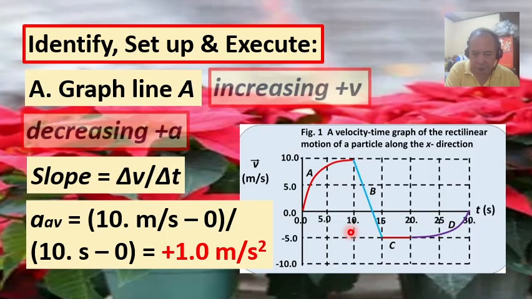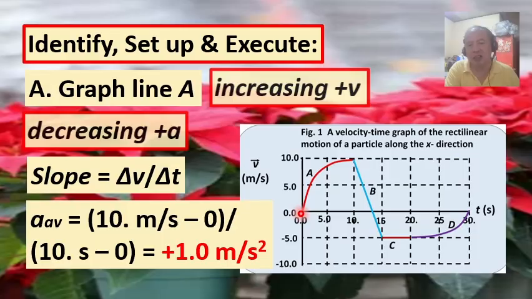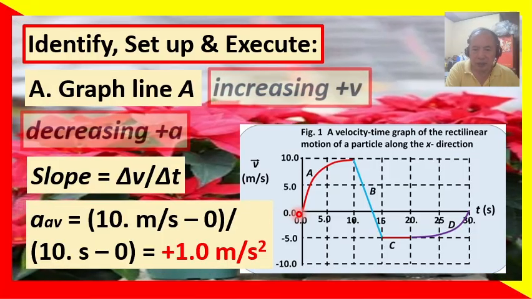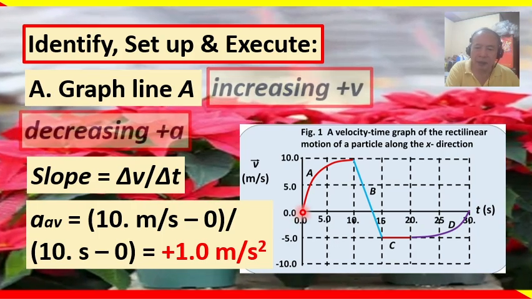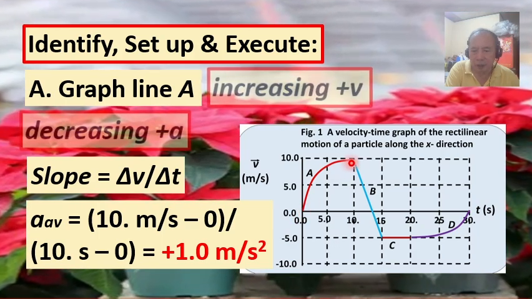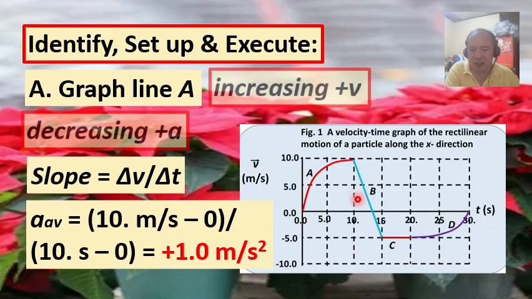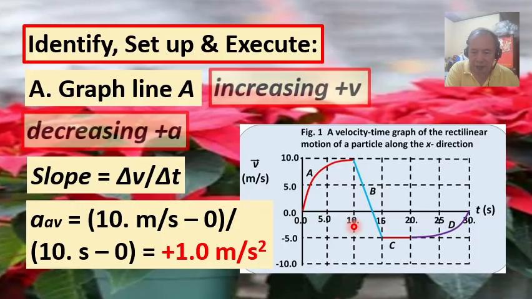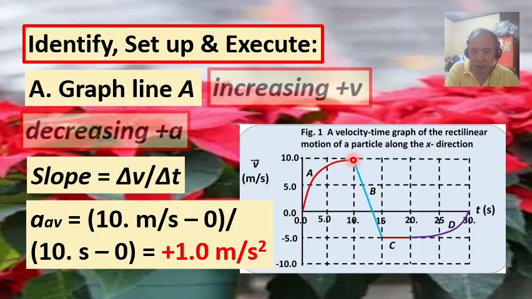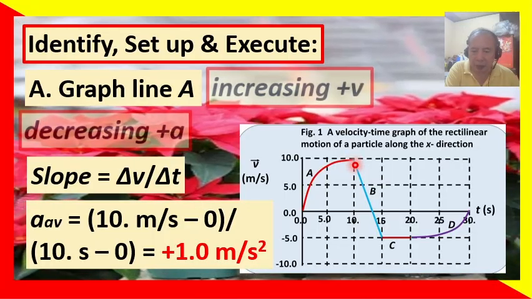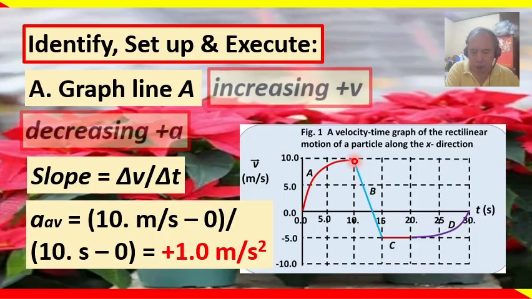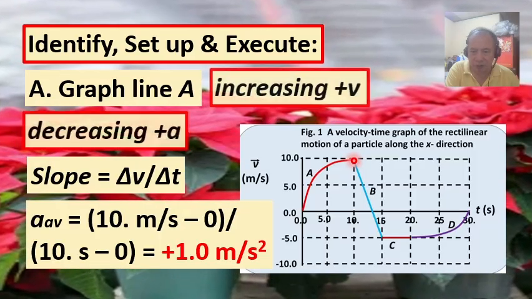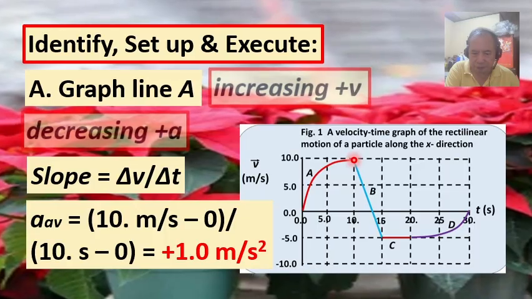So, while the instantaneous acceleration at exactly 0 seconds is very, very high, the instantaneous acceleration, meaning the slope of the curve at exactly 10.0 seconds, is almost equal to 0. So 0 slope here suggests 0 instantaneous acceleration, right?